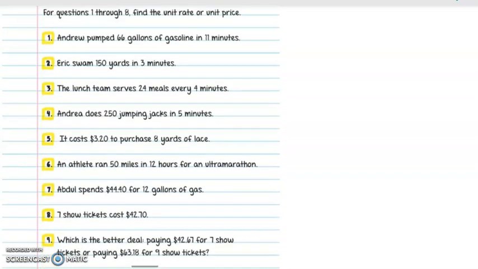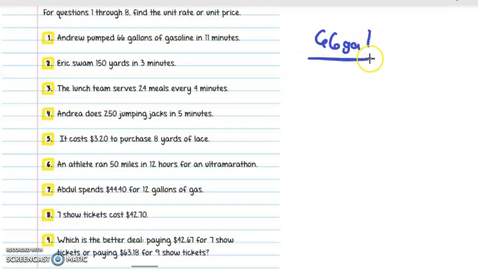So from here on in, it's literally just apply this process, use the calculator, right? Use the graphing calculator, use the calculator in your phone. For this kind of straightforward operation, it doesn't really matter which one. I would prefer you use the graphing calculator because I would prefer you to get accustomed to that particular tool. But, right, for number 1 here, Andrew pumped 66 gallons of gasoline in 11 minutes.